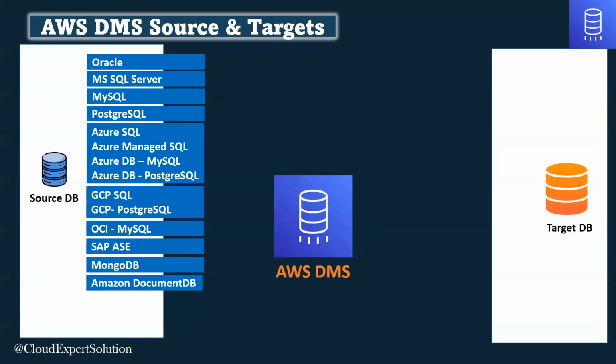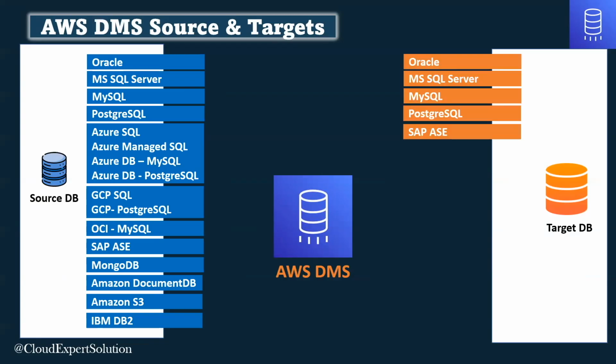If your source database is Amazon DocumentDB, Amazon S3, or even IBM DB2, AWS DMS supports a wide range of sources, and you can see almost every type of database can be supported as a source database and moved to any one of the targets.